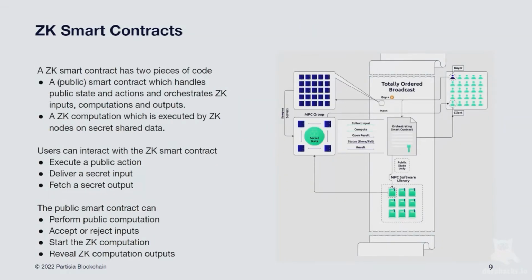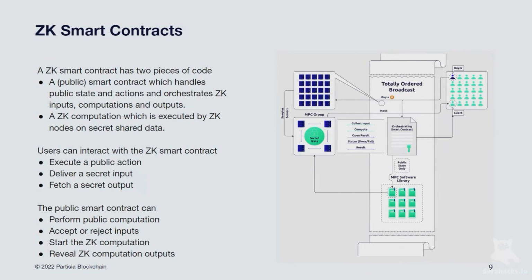To dig even one step further down, this illustrates what goes on when you put a CK contract on the blockchain. The smart contract has two pieces of code. There's one piece of code that is the orchestration code, which runs on the actual blockchain.